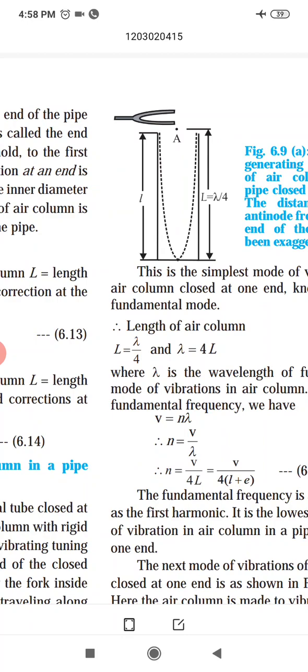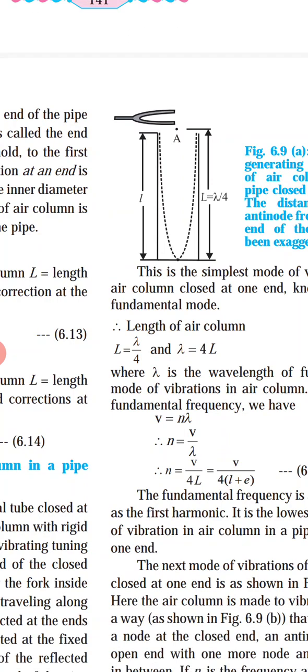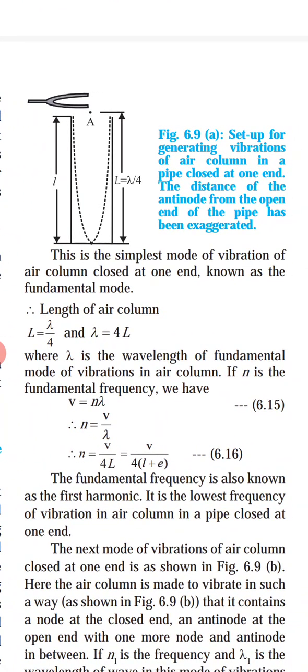The first mode of vibration of an air column closed at one end is shown in figure 6.9a. Now, the setup for generating vibrations of an air column in a pipe closed at one end.